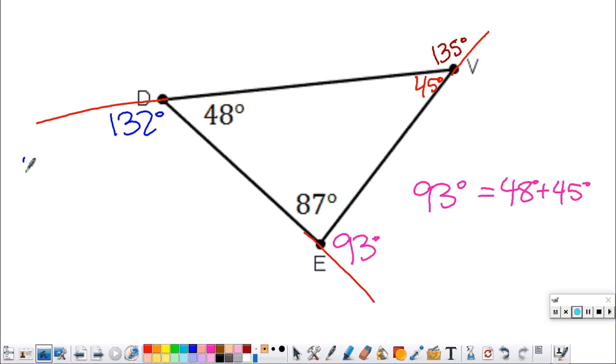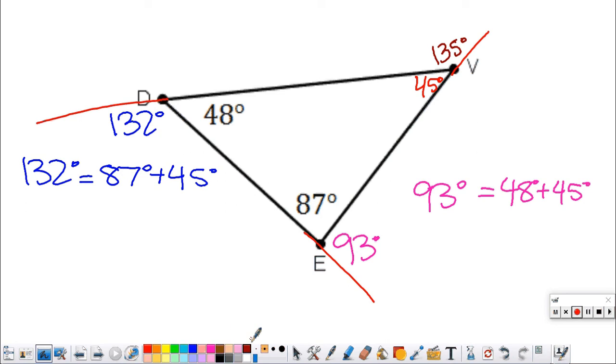Well, let's see. So 132, what are its opposite interior angles? 87 and 45. So is that true? 87 plus 45 equals 132. Is that true? Yes. Okay.